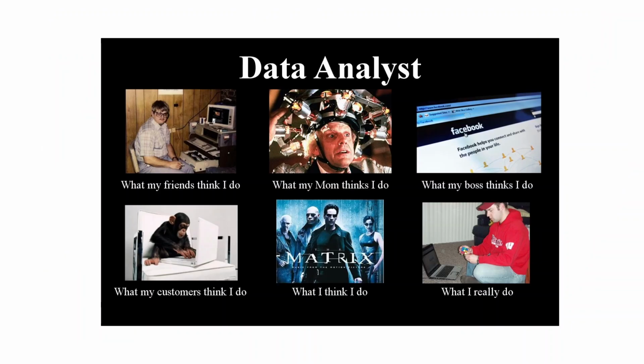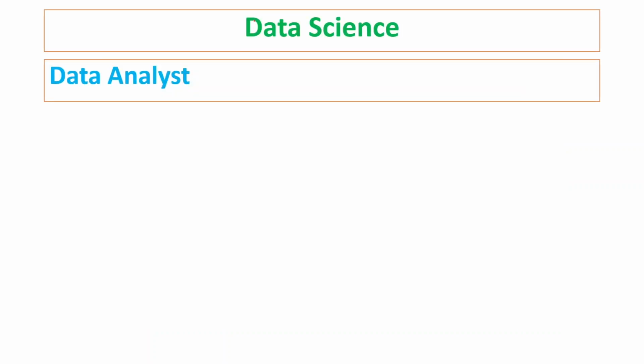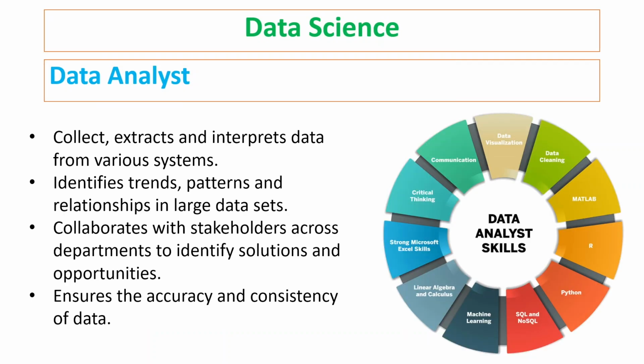Then we have data analyst, right? This is one career path in data science: data analyst and data scientist. Data analysts answer questions like what happened, and why did it happen.